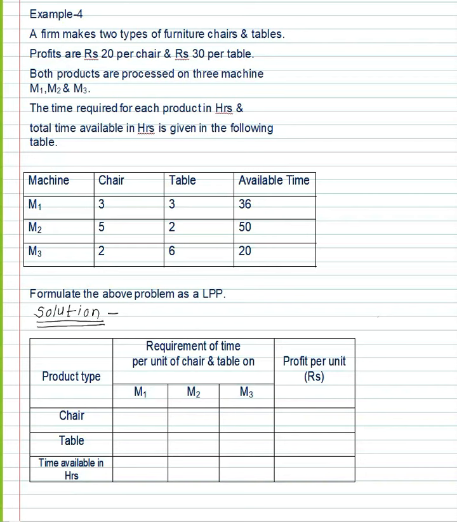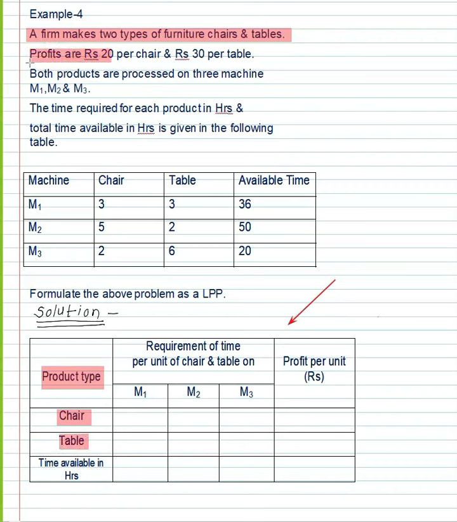So let us represent all the data in the given LPP in this tabular format. A firm makes two types of furniture, chairs and table. So there are two products, chair and table.